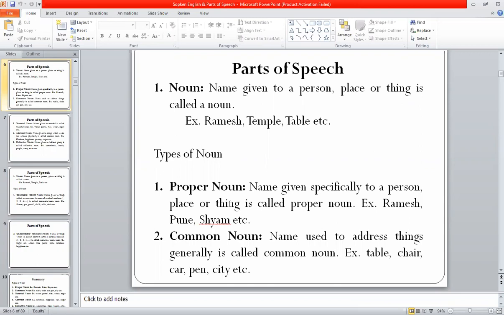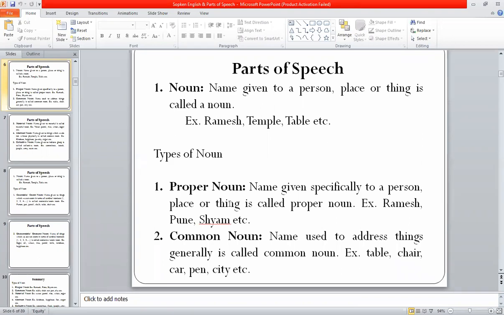They have not told about its brand. It's not a car of any company like Mercedes or Audi or Jaguar or Tata. So it's a simple, general car.